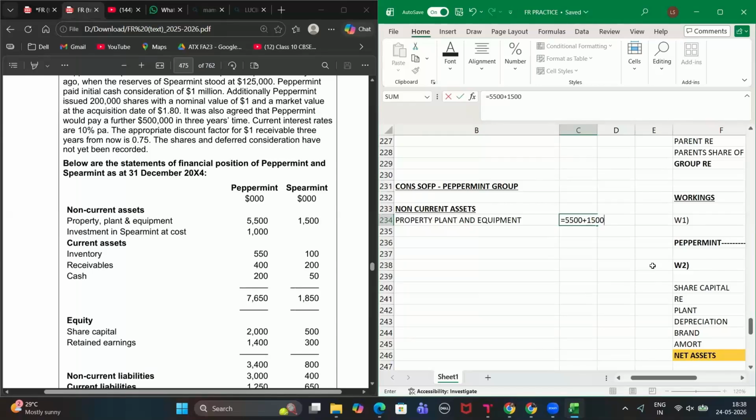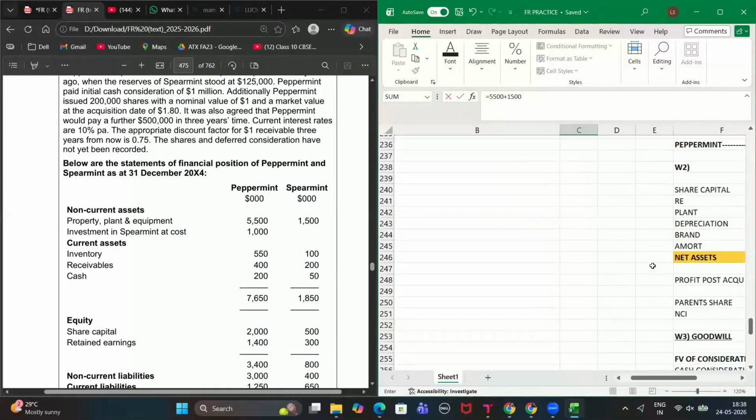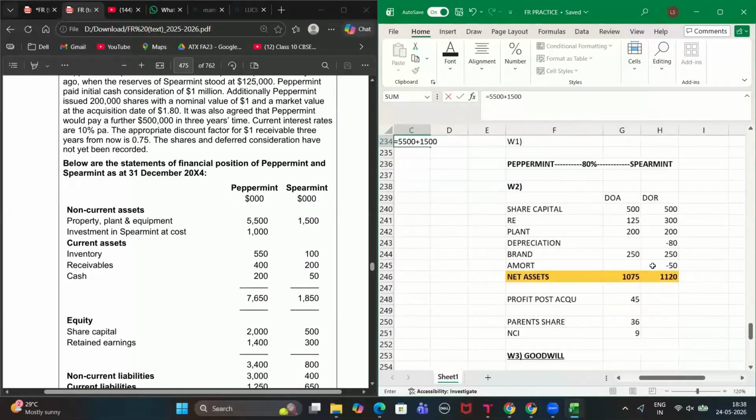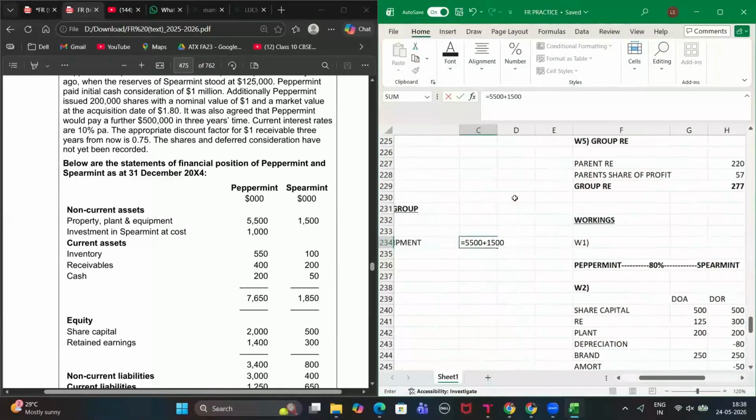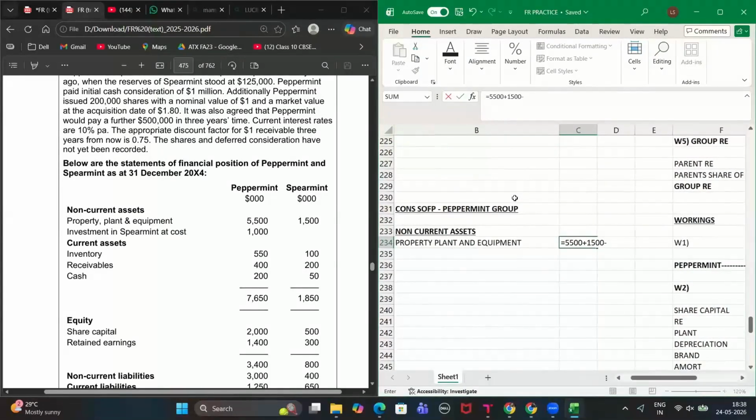No, we have to adjust depreciation, right? The depreciation that we have charged. How much depreciation did we charge? 80. So minus 80. You guys get it? Oh, sorry. Wait. No. You have to add that 200 also. Wait.